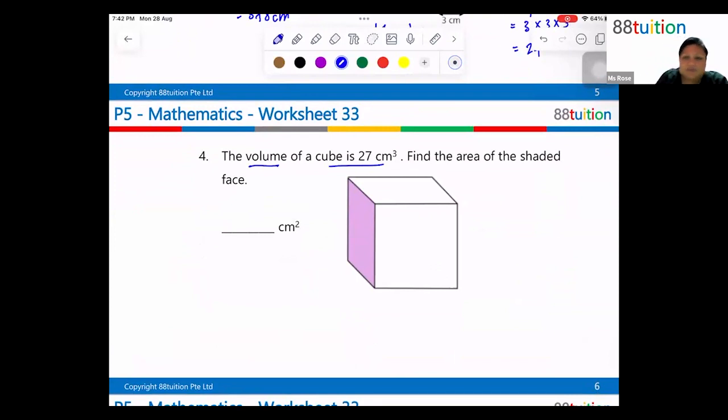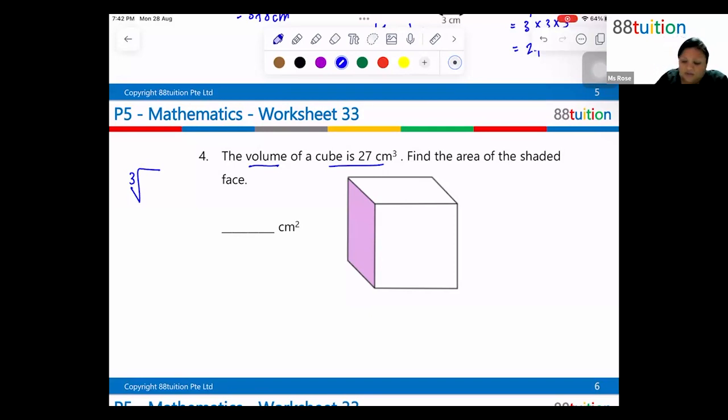Now, I want to do the reverse, which is I already know the volume of the cube. To find one length of the cube, what do I do? Or how do I do it? Now, have you all seen this symbol in your calculator? Yes, Unais, thank you.